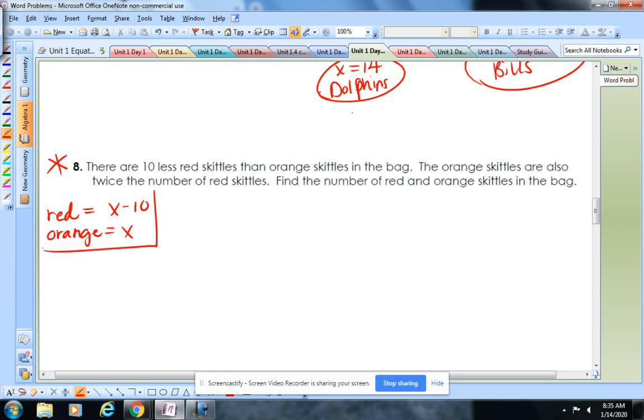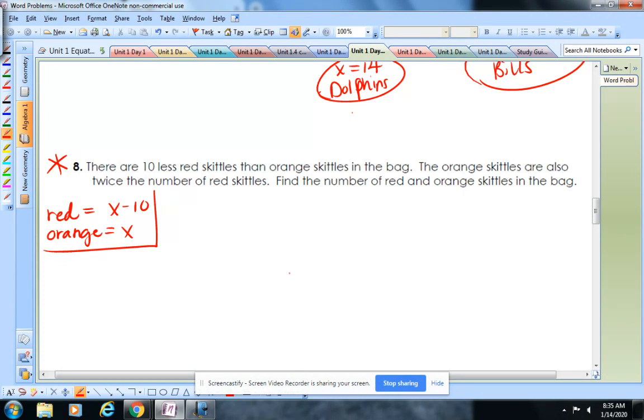Okay. Now the confusion is where the equation comes in. The orange Skittles are also twice the number of red Skittles. So, find the number of red and orange Skittles in the bag. So what they have done is they have told us two things about orange Skittles, right?